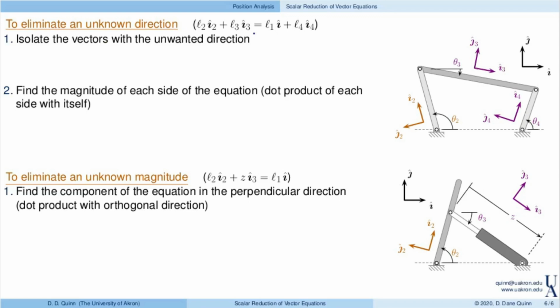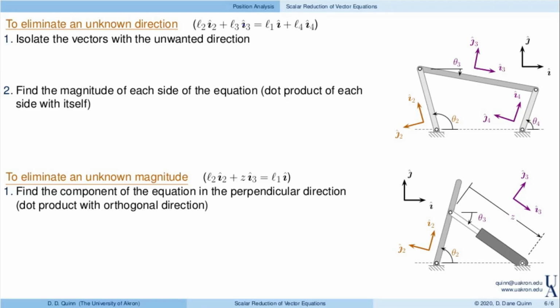So if I need to eliminate an unknown direction, here I have a 4-bar linkage. So the loop closure equation could be L2 I2 plus L3 equals L1I and L4I4. And I've already given you all these directions and angles. Let's assume that theta 2 is the input, theta 3 and theta 4 are the outputs. So I want to solve for theta 4, but again, really what I want to focus on is eliminating theta 3.